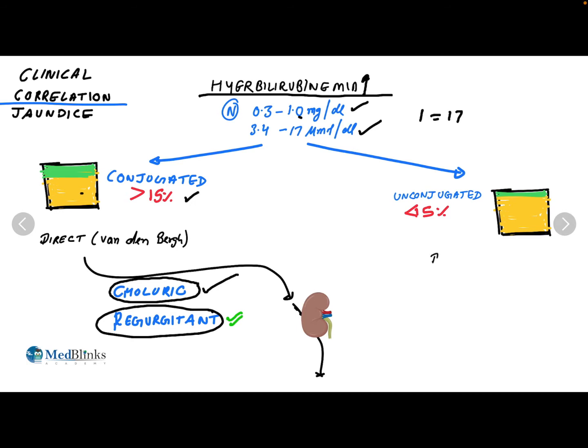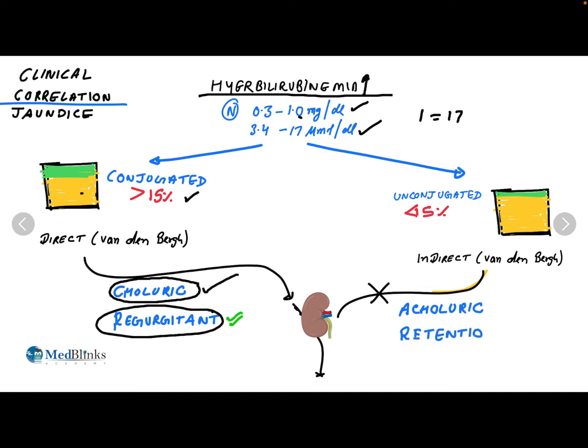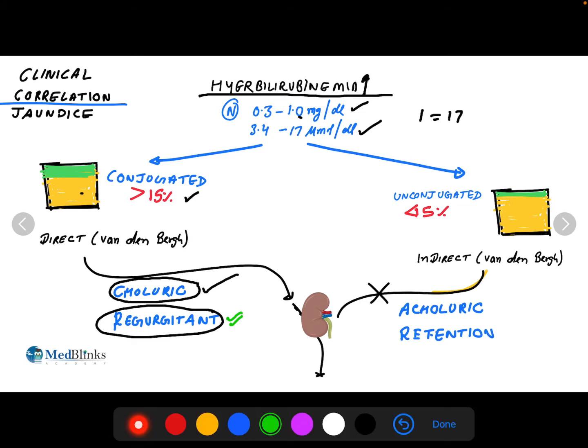Now, let us look into unconjugated hyperbilirubinemia. It's because of the indirect fraction in the Van den Bergh reaction which causes unconjugated hyperbilirubinemia, and because this fraction is insoluble in water, it leads to jaundice called acholuric jaundice. It does not give high color to the urine.